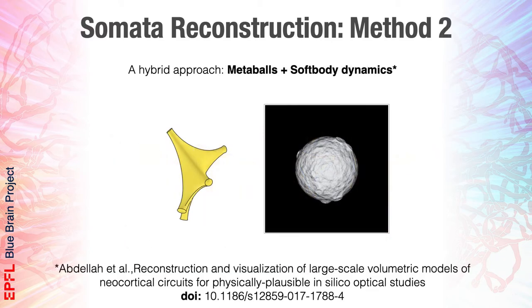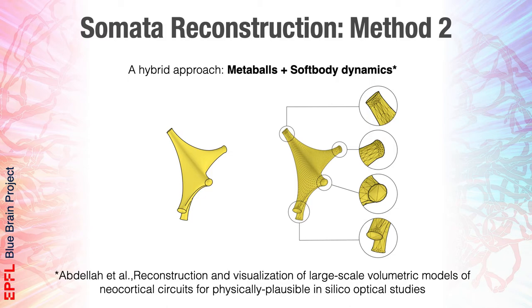So we have actually presented another solution based on soft body dynamics and metaballs. It's sort of a hybrid approach from a technique we presented before in 2017. The point is we cannot use the mesh objects that have been generated from the soft body dynamics directly, because they have non-uniform distribution along the surface of the meshes.